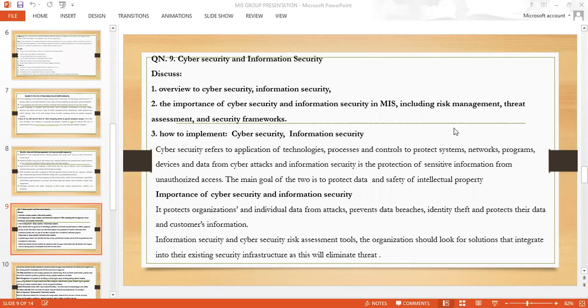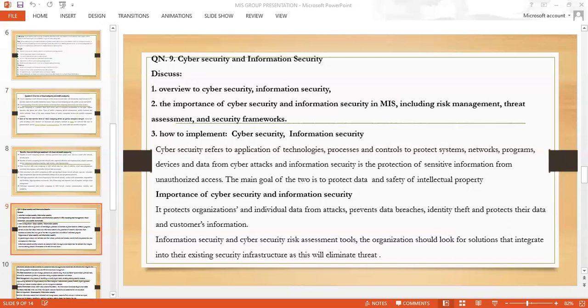Importance of cybersecurity and information security: 1, it prevents data breaches. 2, it prevents identity theft, where they steal information such as credit cards and NSSF numbers. Then it protects customers' data and intellectual property.